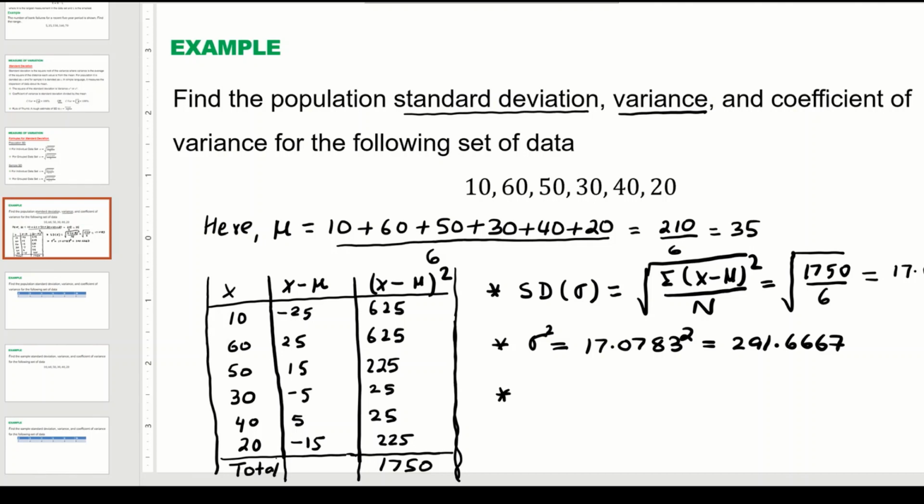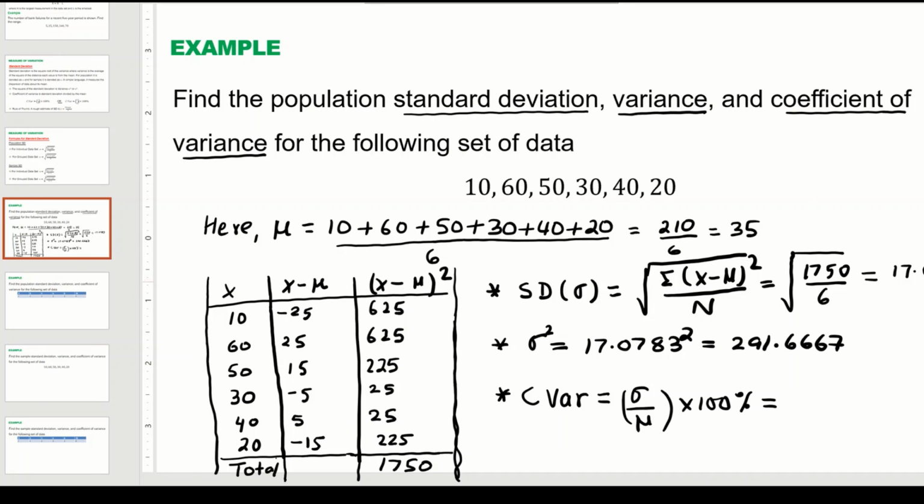Now the next thing that we are asked to calculate is the coefficient of variance. The coefficient of variance, which we write as CVAR, is equal to standard deviation over mean times 100%. So here the standard deviation is 17.0783, divided by the mean.